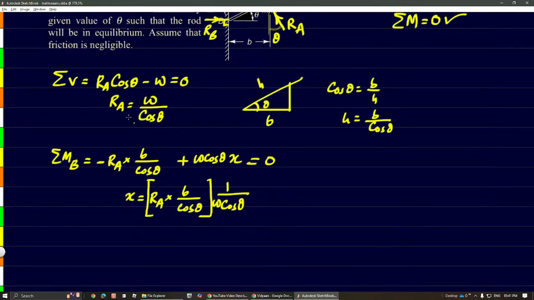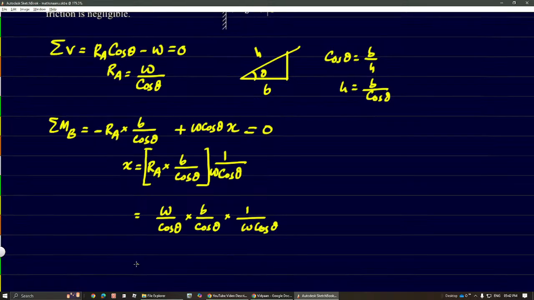Now RA value we have just found. Let us substitute this. So we get W by cos theta into b by cos theta into 1 by W cos theta. So W and W is going to cancel. So we get something like b divided by cos cube theta is equal to x.